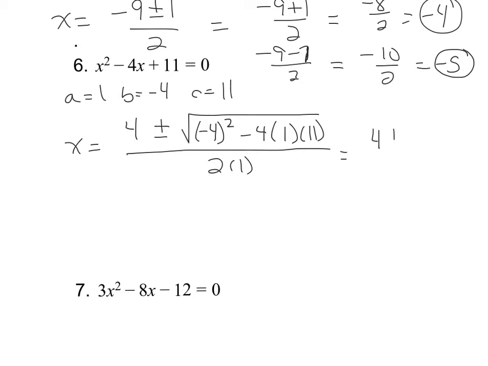So this is going to be 4 plus or minus square root of something over 2. So our discriminant, negative 4 squared is 16. 4 times 1 times 11 is 44. So we have 16 minus 44, which is negative 28.